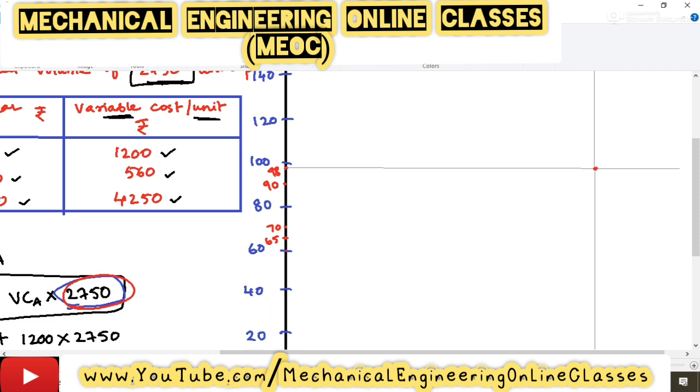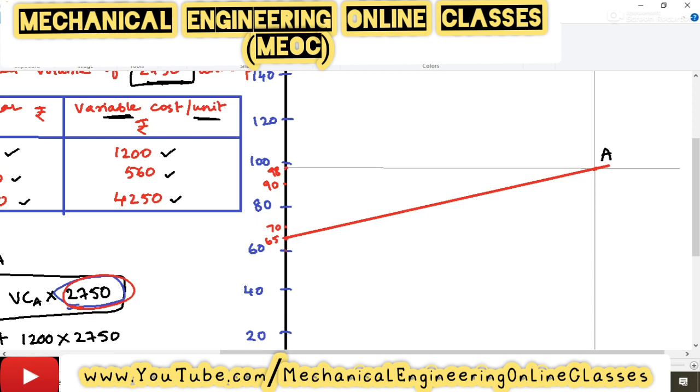So from the y-intercept, that is 65, to this point I am drawing a straight line, like this. So this is the total cost line of site A.